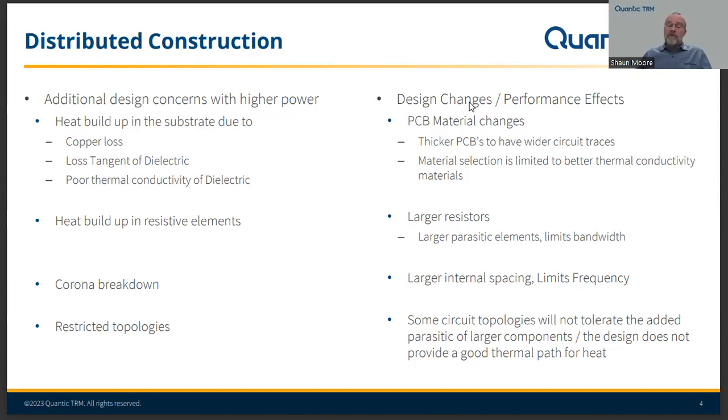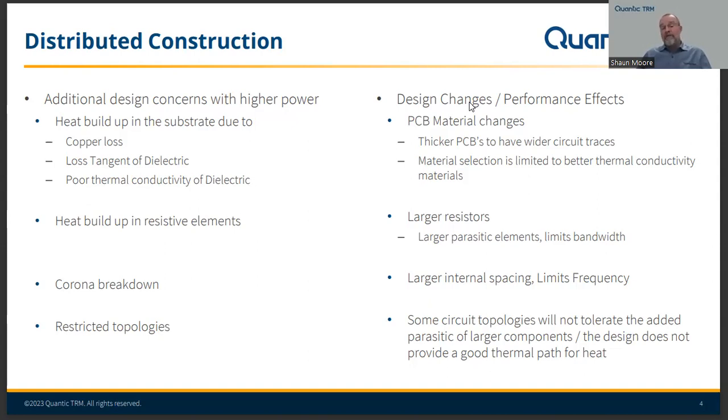For a PCB, one of the first things we need to start thinking about is, do we need to go to a thicker PCB? If we go to a thicker PCB, that allows the circuit traces to increase in width. Also, sometimes going with heavier copper will increase the cross-sectional area of the copper trace, which will reduce the copper losses.